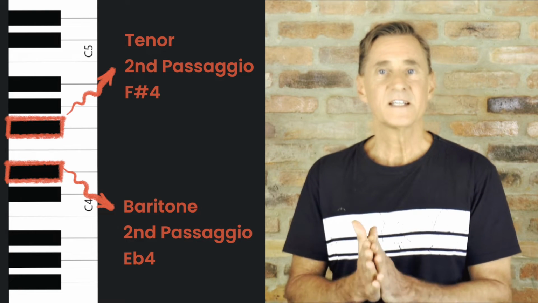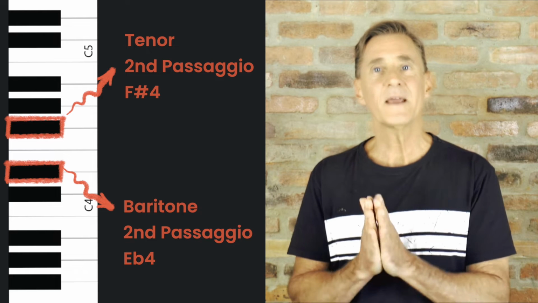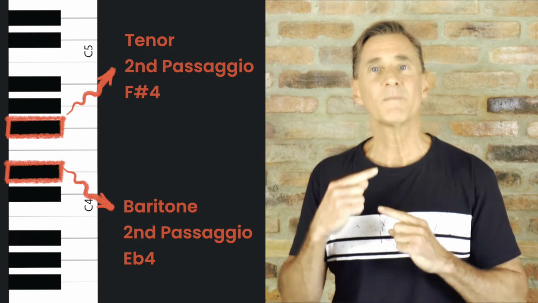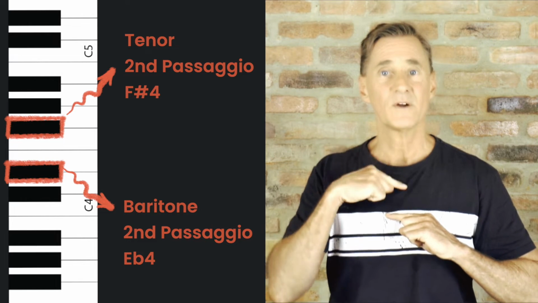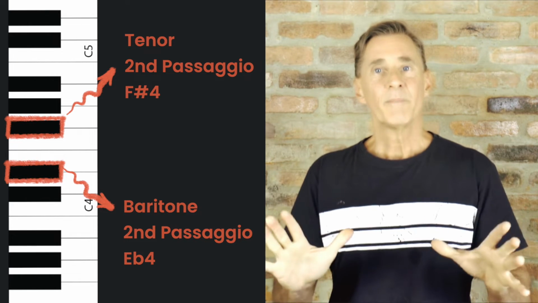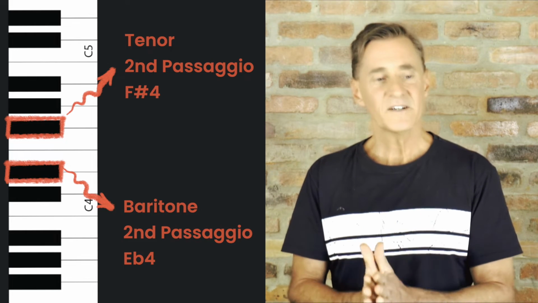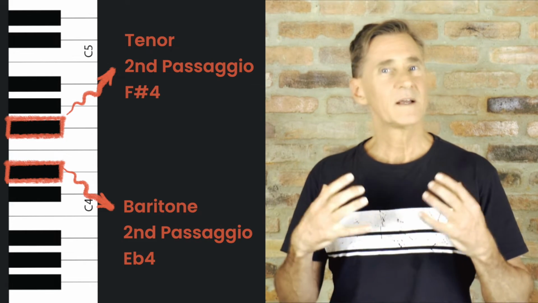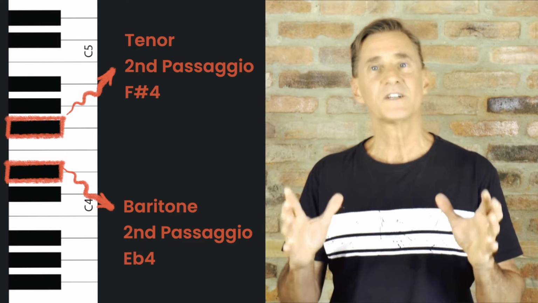But everyone has problems with that note, even female singers. There's something about it. It's not quite known. Some people think it has to do with the size and length of the tube underneath your vocal folds. But whatever the case, a lot of people have problems with it. But also for tenors, if you're a beginner, or it doesn't really matter your level, what matters is your vocal problems.